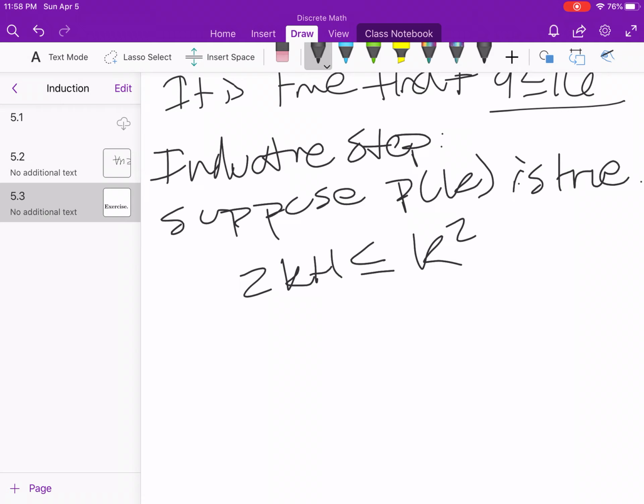So one thing I can do is, if I add numbers to each side, that'll allow me to keep this inequality as long as the numbers are less than or equal to one another.